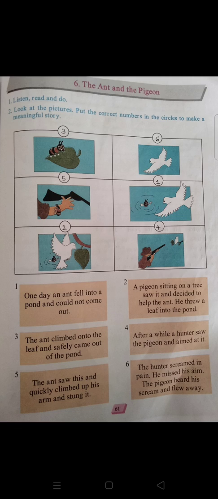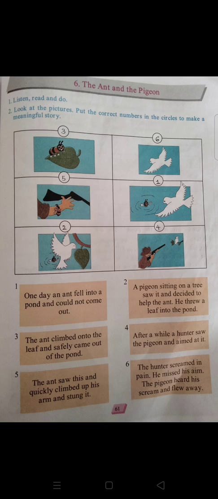So, students, can you see this page number 61? On this page number 61, above we can see that there are 6 pictures, and near the pictures there are some small circles drawn, and I have written some numbers in those circles. Do you know why I have written those numbers in the circles?